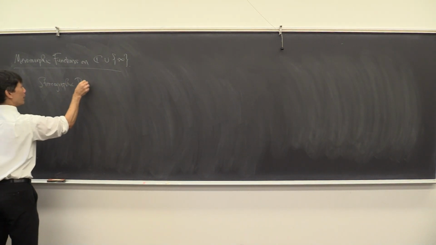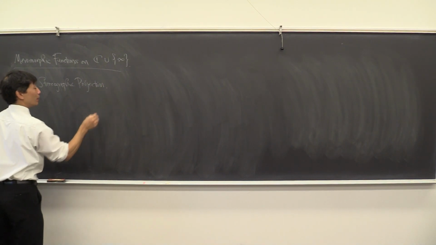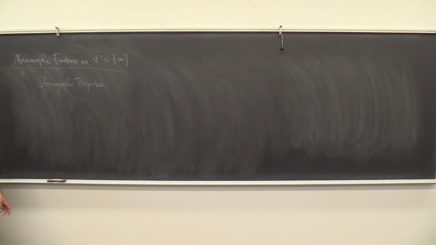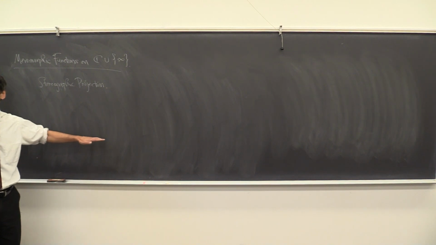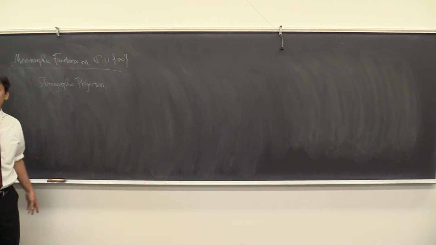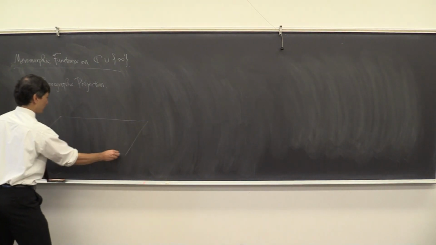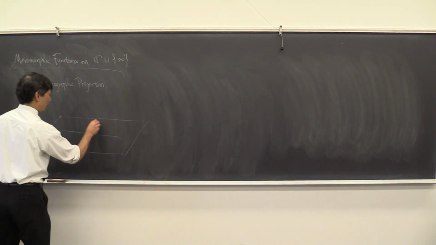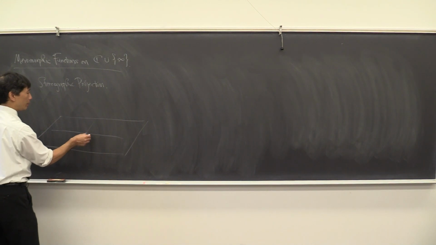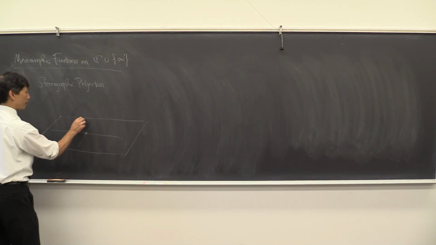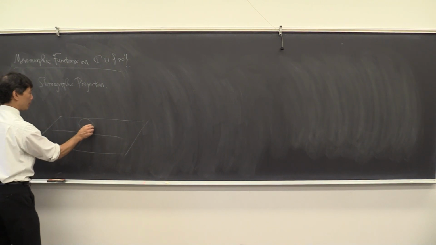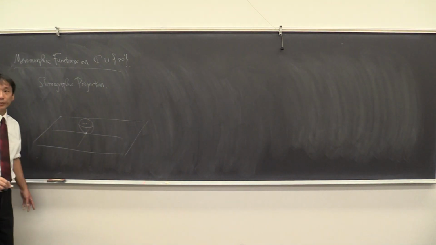Start off with something called stereographic projection. Stereographic projection is a way of projecting the plane onto a sphere. So you take the complex plane, and then you place a unit sphere at the origin.